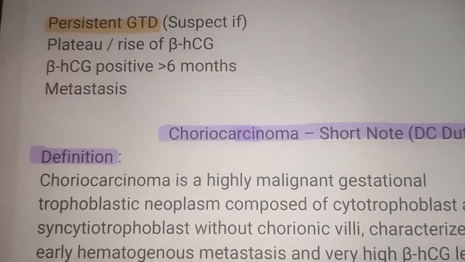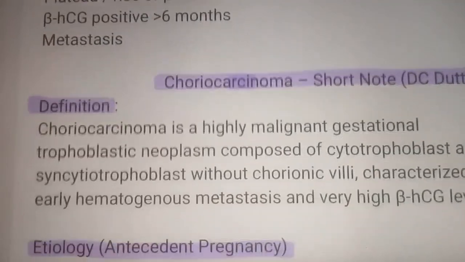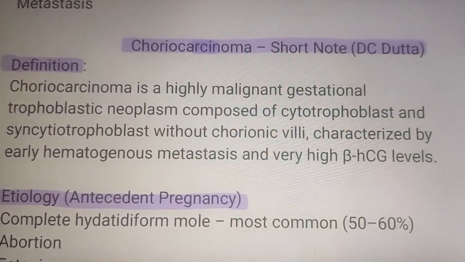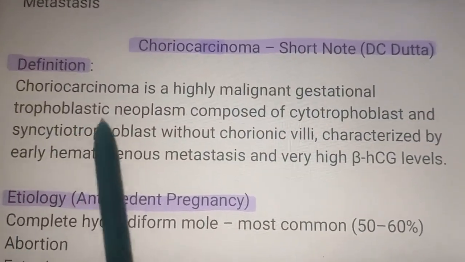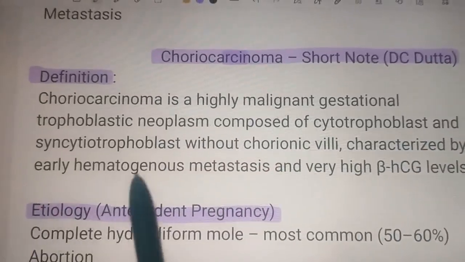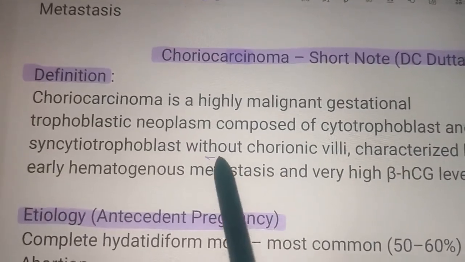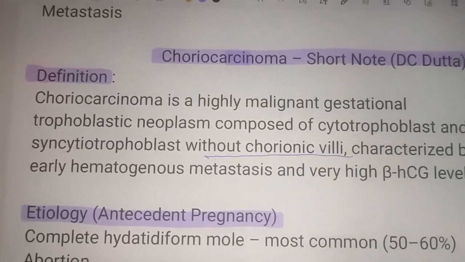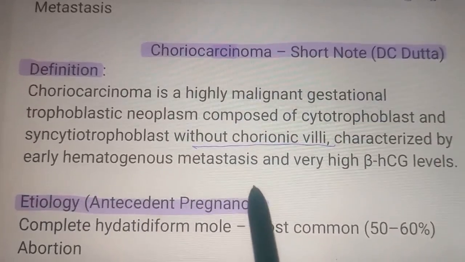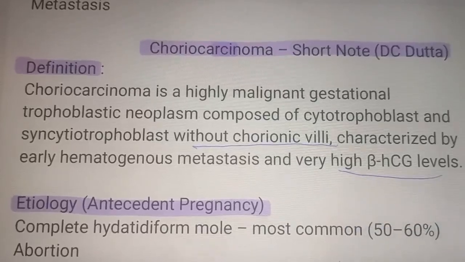Choriocarcinoma is most commonly asked in NEET PG, so its definition is important. According to DC Dutta, it is a trophoblastic neoplasm composed of cytotrophoblast and syncytiotrophoblast without chorionic villi. This line is very important. Characterized by early hematogenous metastasis and very high beta HCG levels.